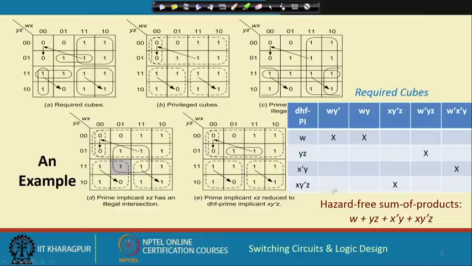Now, you see all of them are essential. In these columns, all of these check marks are single. So, all these product terms must be there in the hazard free sum of products implementation.